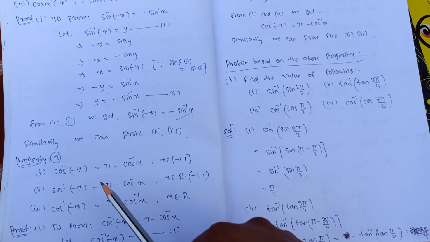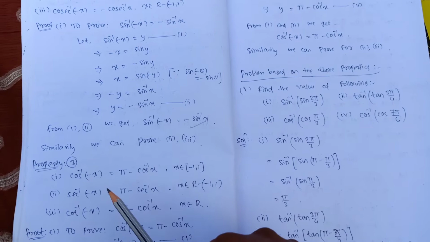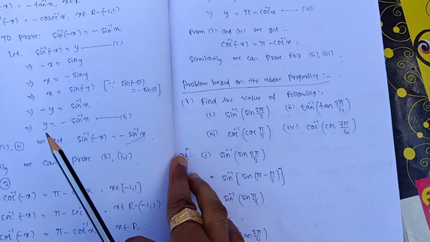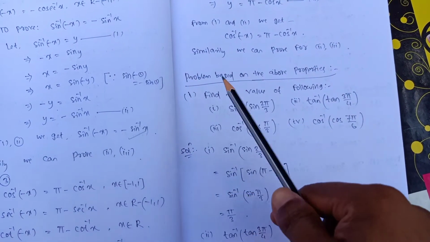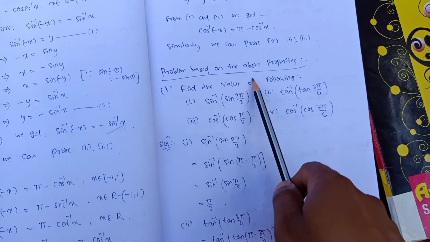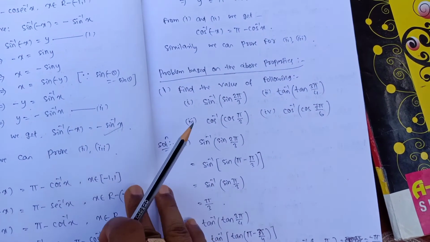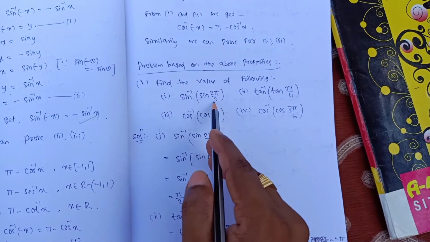Now as you covered properties 2, 3 and some observations in my previous lecture, let's do some problems based on these properties. Okay. The first one is find the value of the following: sin inverse of sin 2 pi by 3. You observe it. It is sin inverse of sin theta.